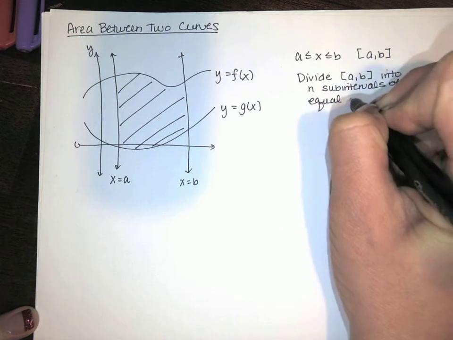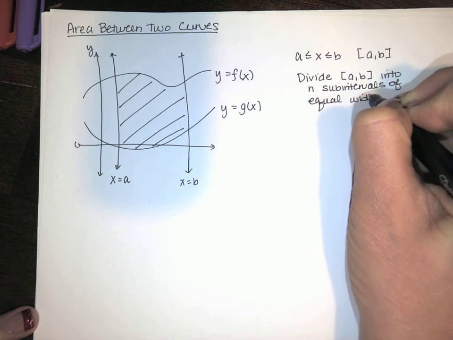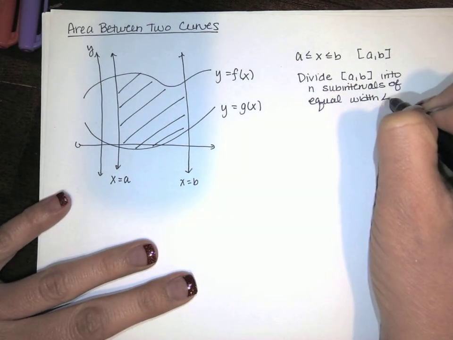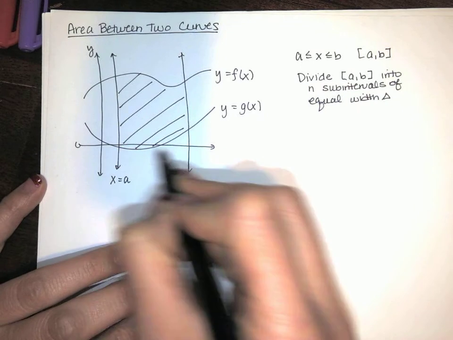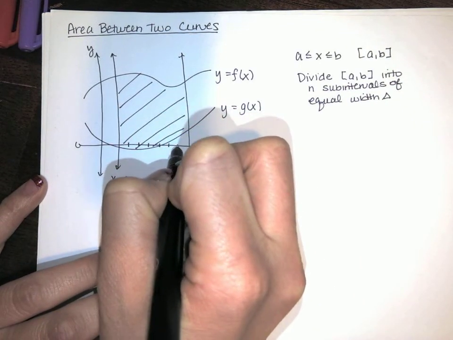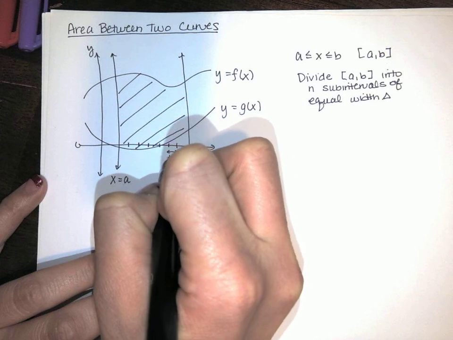Now they don't have to be equal, but in Calculus 1 and Calculus 2 we tend to treat them as equal. In our class they'll be equal, and because we're dividing in the x direction, we're going to call the width of one of those delta x.